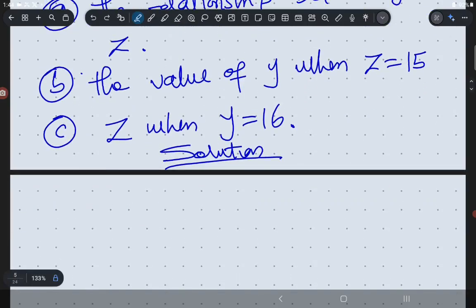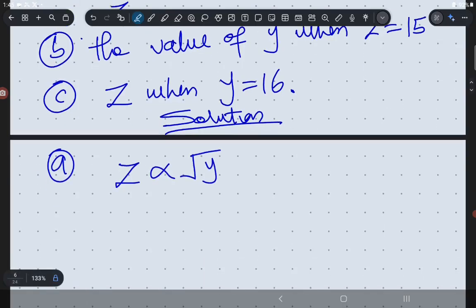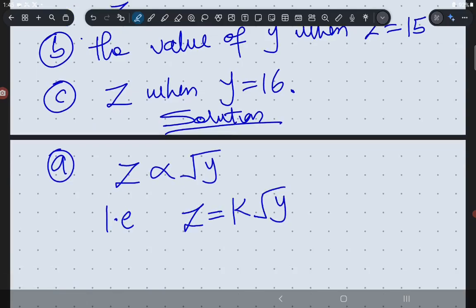So the first thing you want to put in place is the statement that says z varies directly as the square root of y. This statement really matters. Writing it in mathematical form, we have z is equal to k times the square root of y.